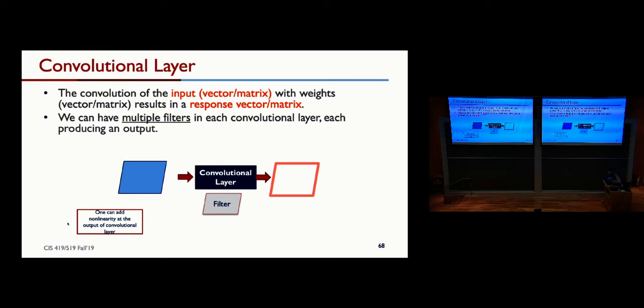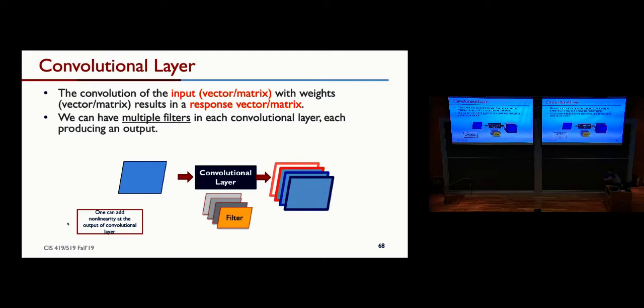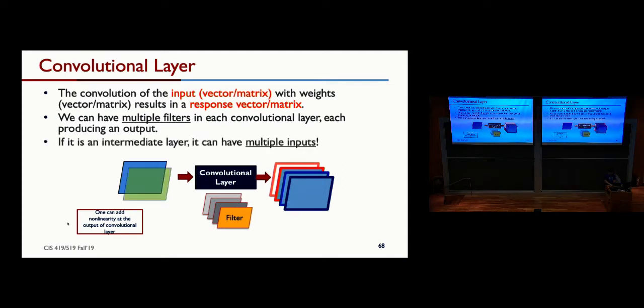Okay, what you can also do is have multiple filters, not just one, which could be of different sizes as well. You could apply them and get multiple outputs. And what you could also have is multiple channels in an image.